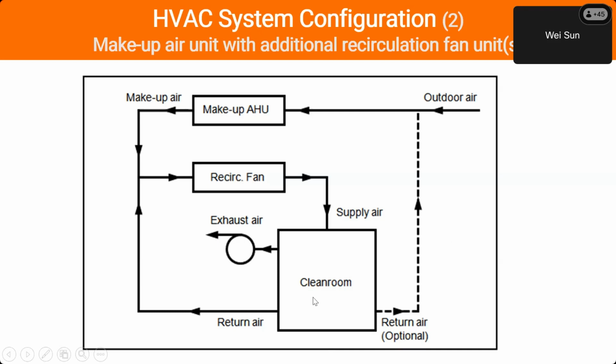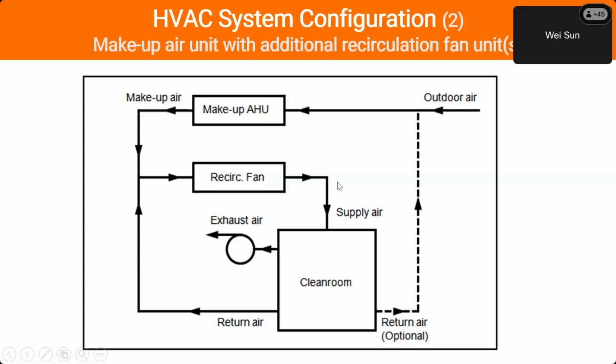So in the recirculation loop, you can have the big recirculation fans or fan filter units. Then you can provide filtered clean air into a clean room, and you can return a portion of air for recirculation, and you can return the rest of air and mix with outdoor air to be treated by the AHU and for outside air requirement for heating, cooling.